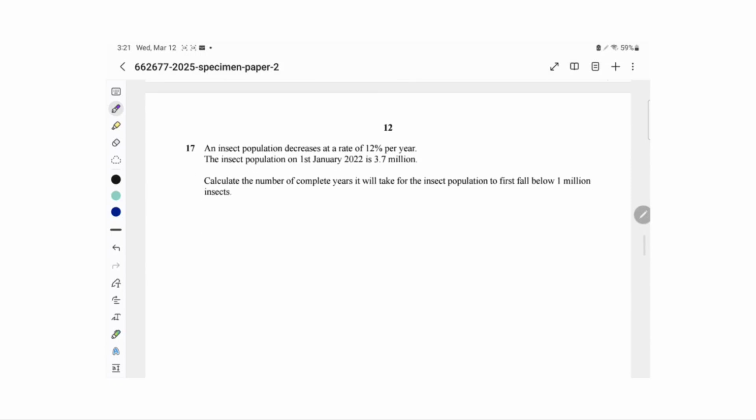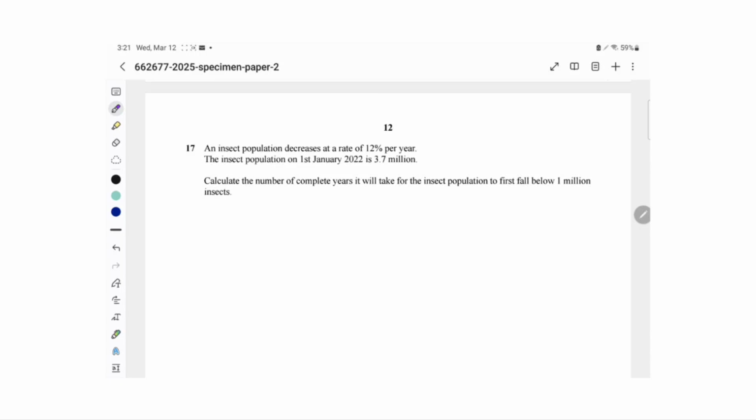Now the next question, question number 17. An insect population decreases at a rate of 12% per year, which is the rate. The insect population on 1st January 2022 is 3.7 million. Calculate the number of complete years. If you are getting any answer in decimals, then you'll have to round it off.